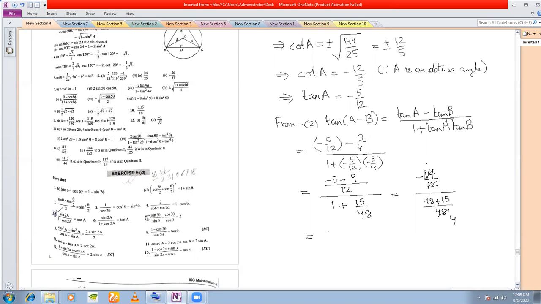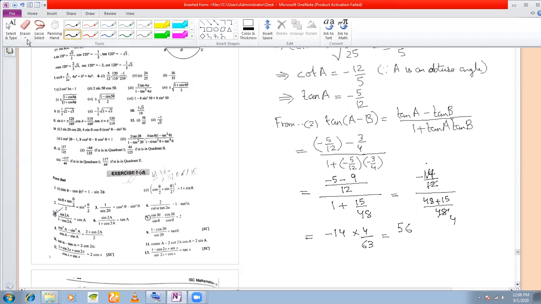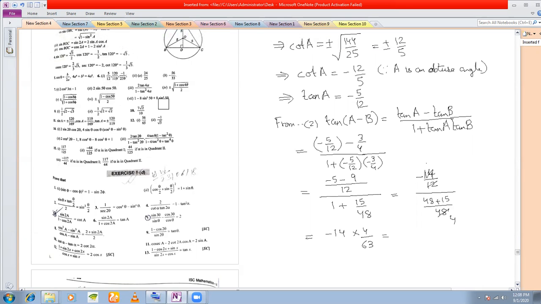So you get minus 14 into 4 by 63. So this cancels with 7 also, 7 ones are 7, 7 nines are 63. So minus 8 by 9. This is the value of tan(A minus B).